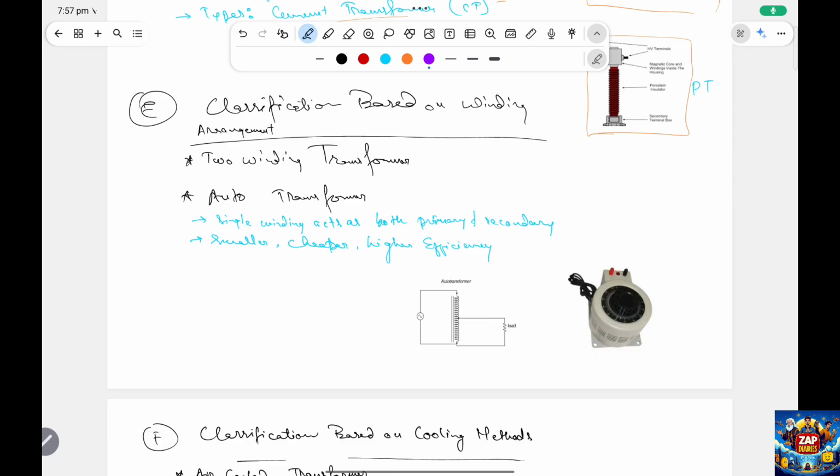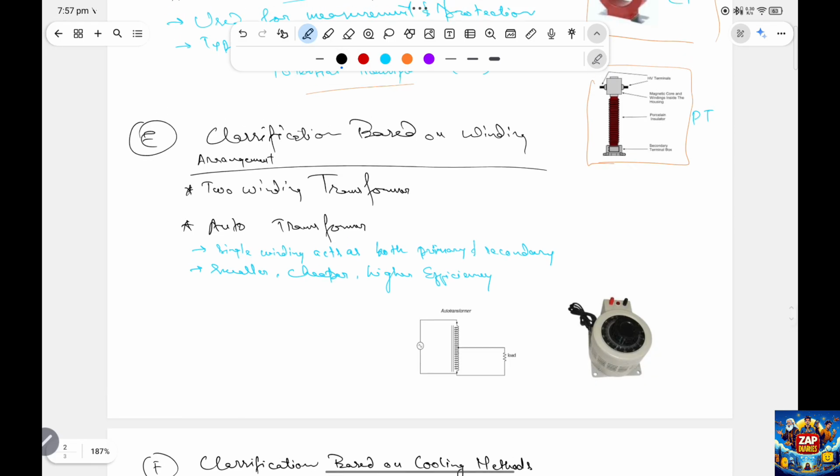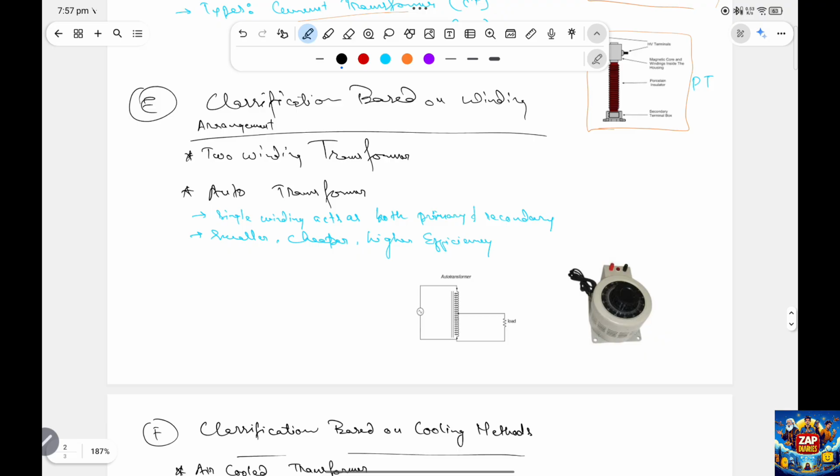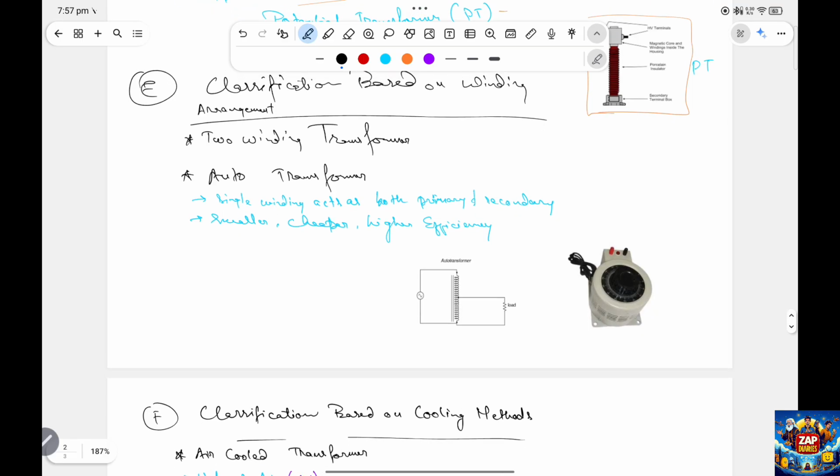Okay, now we have classification based on winding arrangement, and there are two types of transformer based on this particular classification. The most common one is the two winding transformer.